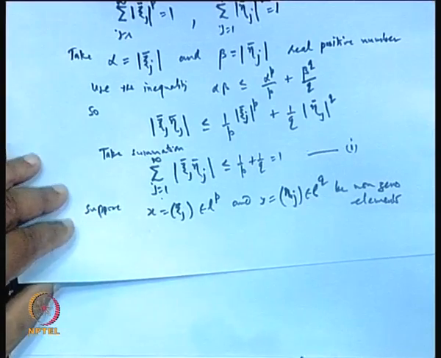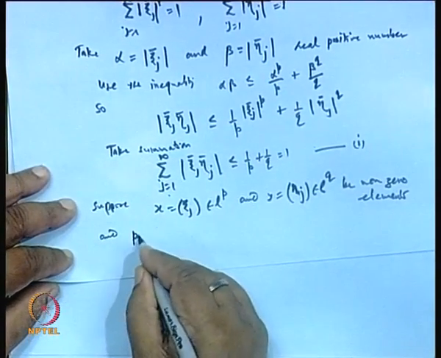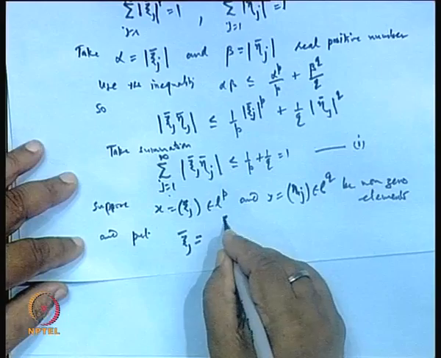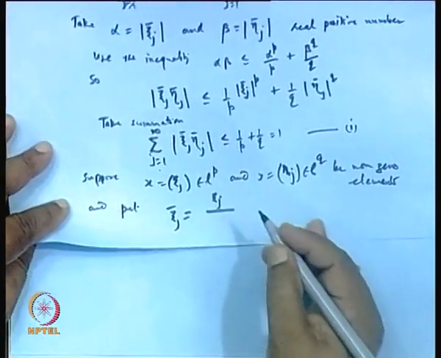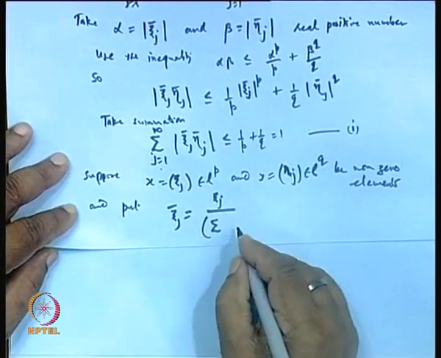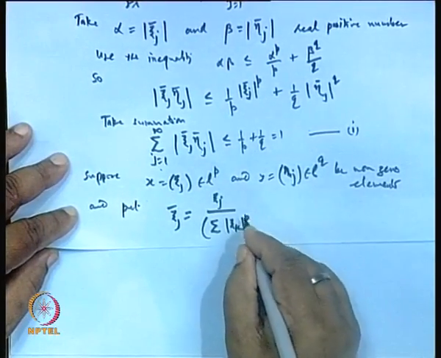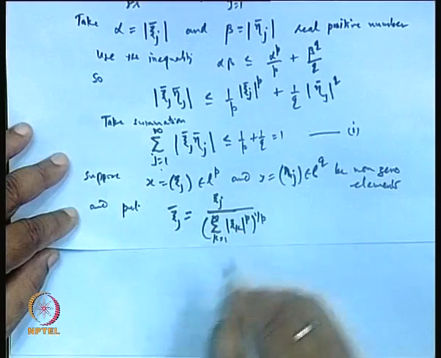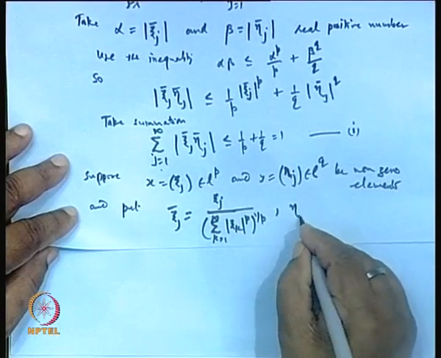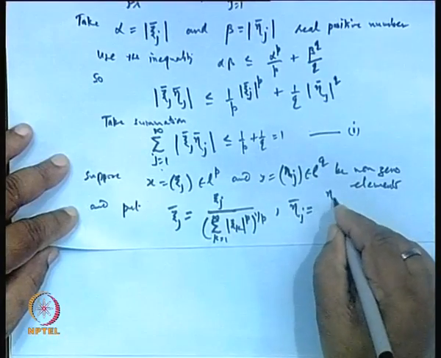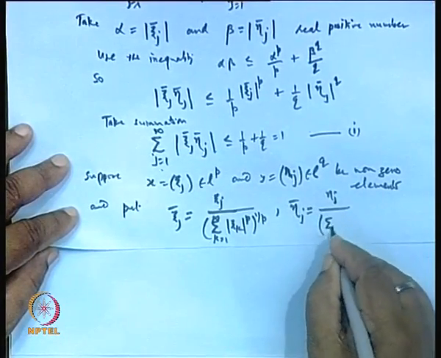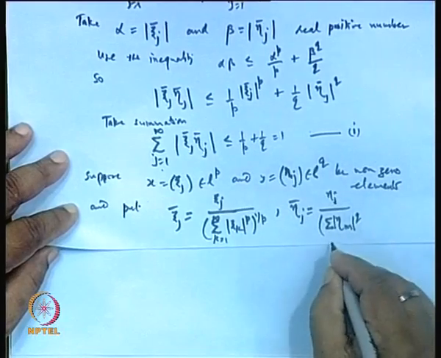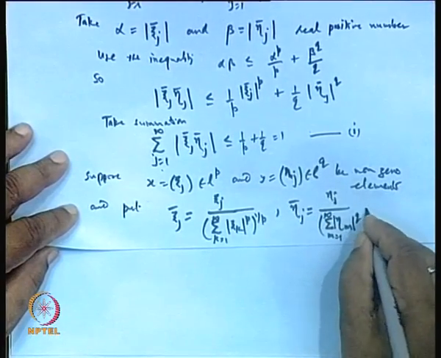in these spaces, and let us set and put xi_j bar as xi_j over sigma mod xi_k to the power p, whole to the power 1 by p, where k is 1 to infinity, and eta_j bar to be eta_j over sigma mod of eta_m to the power q, m is 1 to infinity, whole to the power 1 by q.